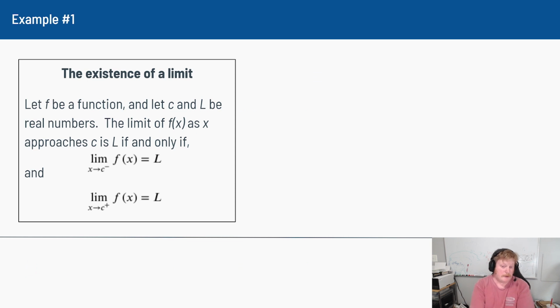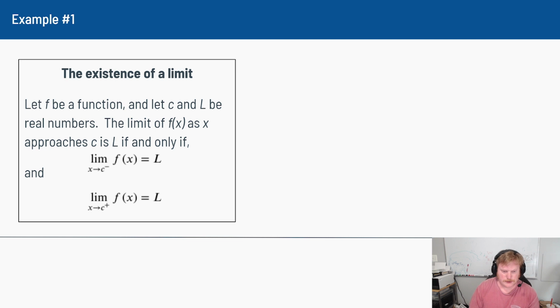So, let's talk about the existence of a limit, since that's part of the definition of continuity. So formally, we say that a limit exists for some function f if the limit from the left and the limit from the right are the same.